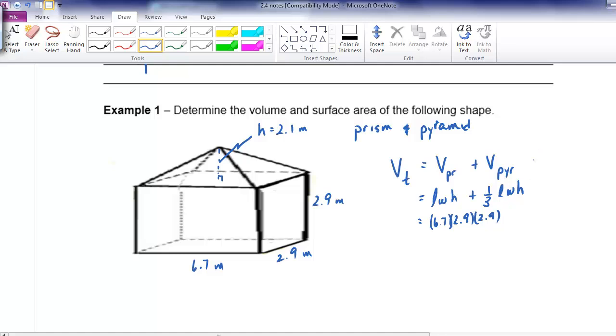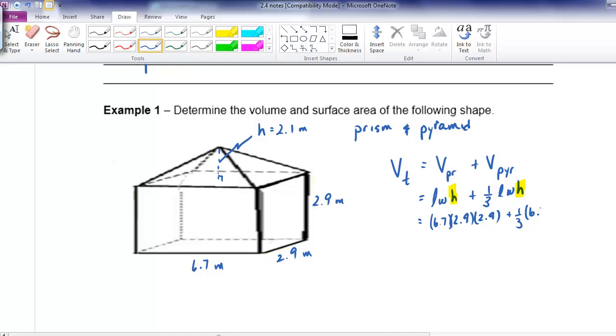Now remember, this particular h here represents the height of our pyramid, sorry, and this one here represents the height of the prism. So in this example, these two heights are not the same, even though the formulas look alike.